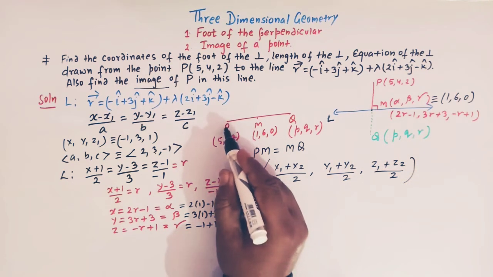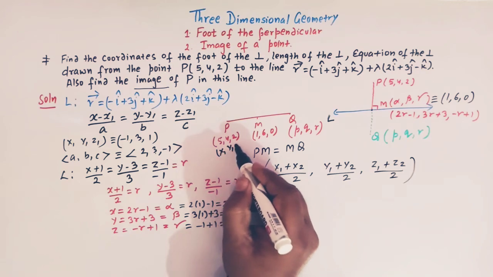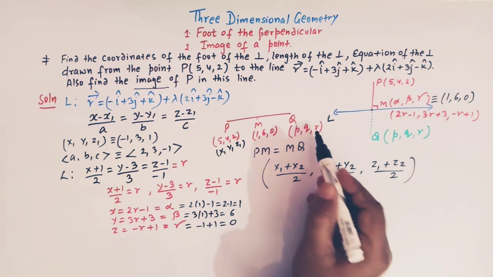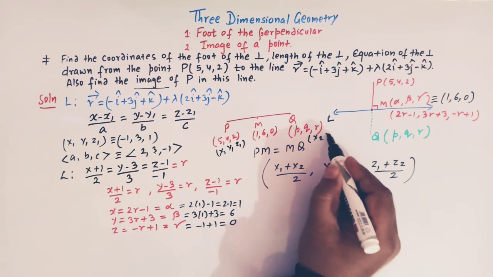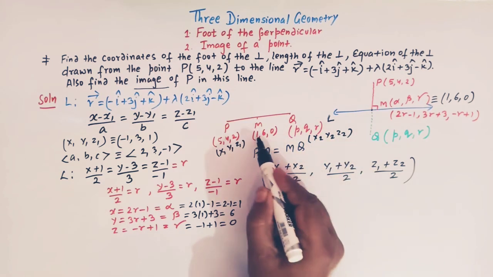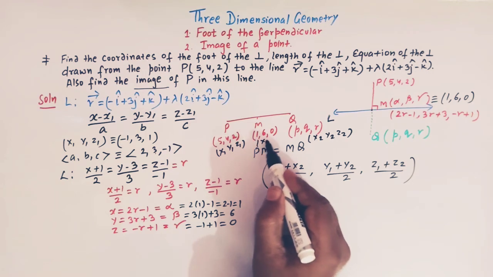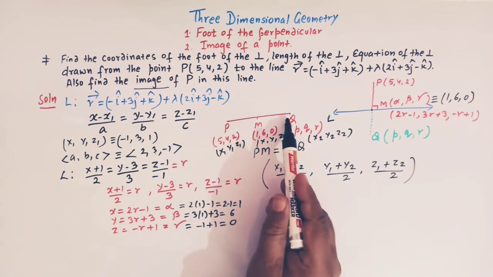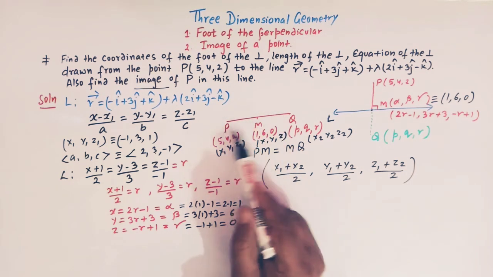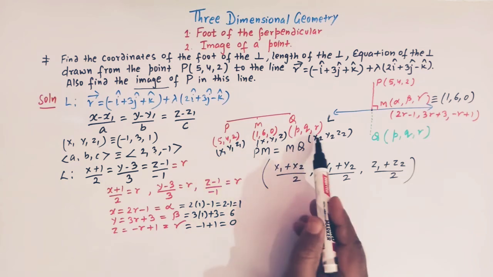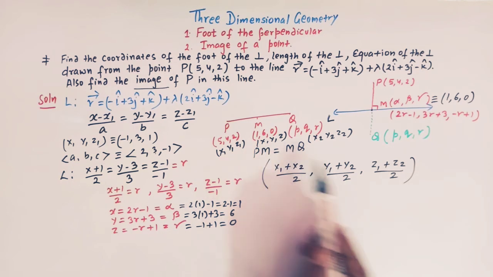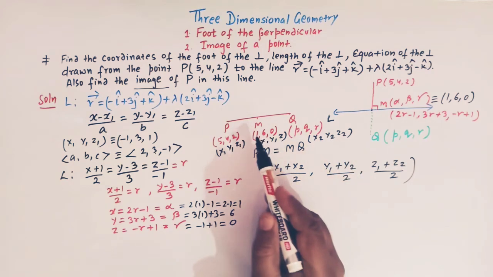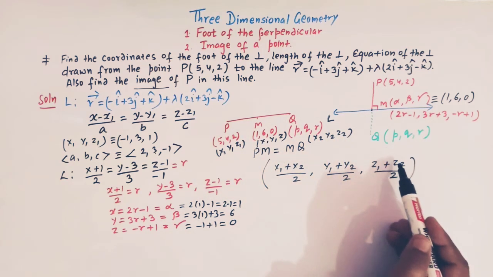So this point P is x1, y1, z1. This point PQR is x2, y2, z2, and this point is x, y and z, right? So M is the midpoint of PQ, right? And we have (x1 plus x2) over 2, then (y1 plus y2) over 2, and then (z1 plus z2) over 2.